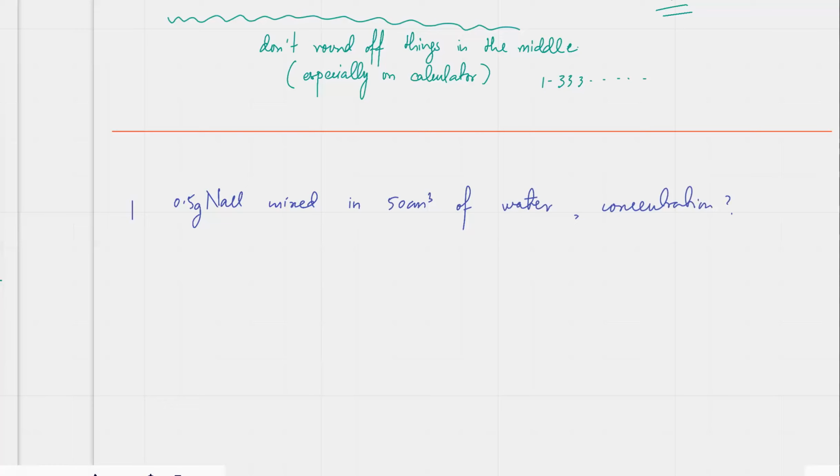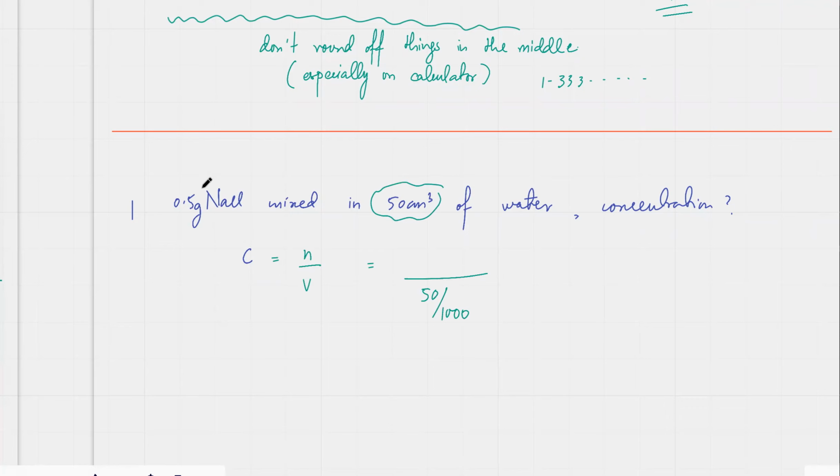So quickly calculating the concentration, n is equal to C into V. So that means C would be n divided by V. It's the moles divided by volume. I have the volume that's already given, that's 50 cm cube, but it should be in dm cube. So it's going to be 50 divided by 1000. That would give me the volume in dm cube.